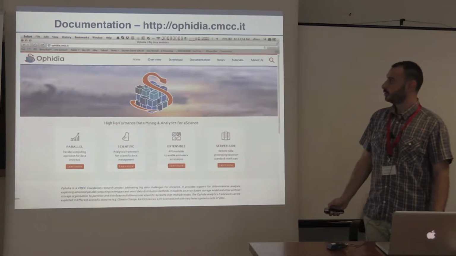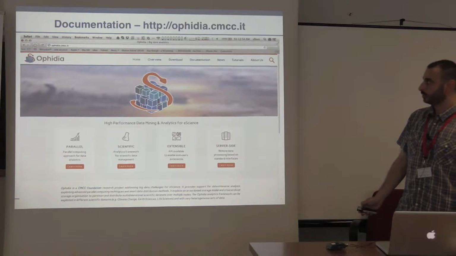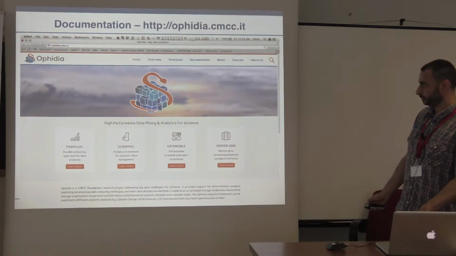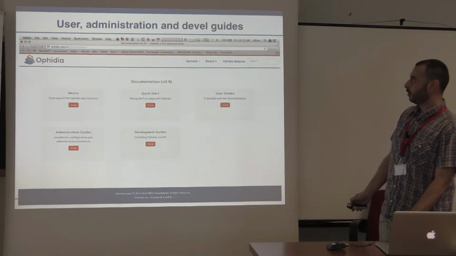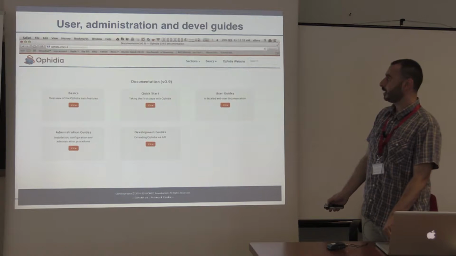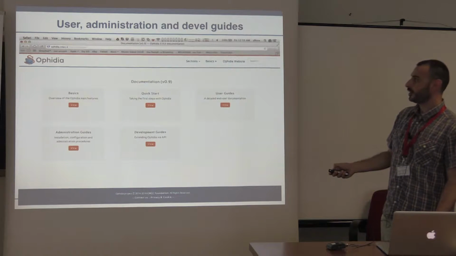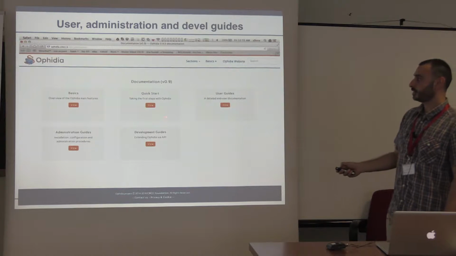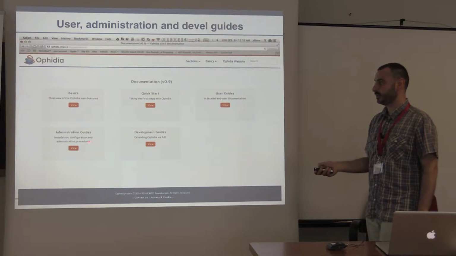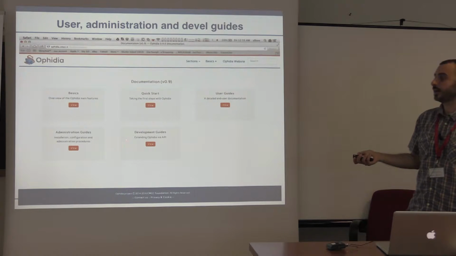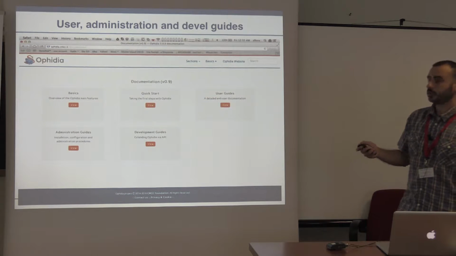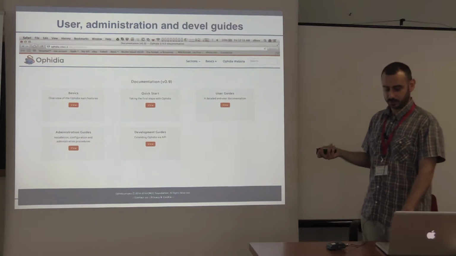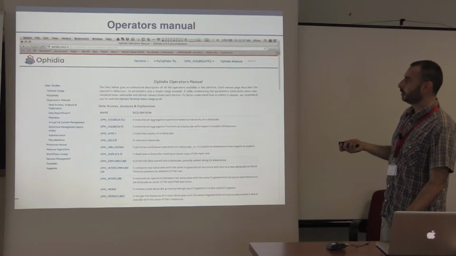For documentation, you can find all the information on Ophidia on our website, ophidia.cmcc.it. There you will find an overview of the main Ophidia features, a quick start guide, a user guide, an administration guide, and also a development guide if you want to develop your own operators or primitives.